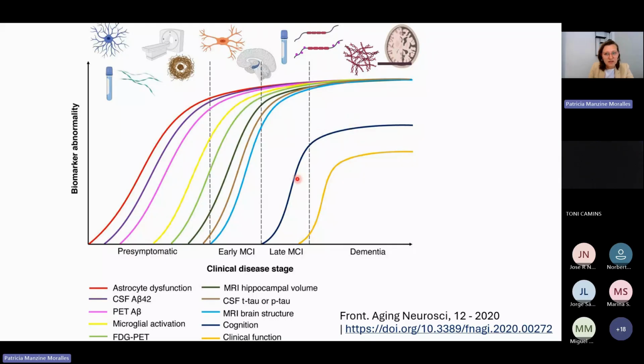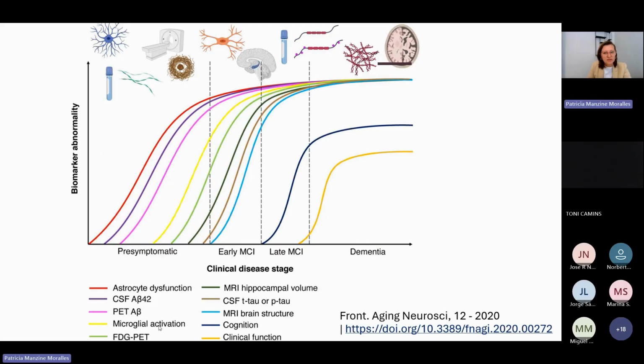As we can see, none of these biomarkers are static. They're very dynamic, and rates of change of each biomarker vary over time and follow a non-linear course, which is hypothesized to be sigmoid shaped. So the biomarkers will vary over the course of disease progression.